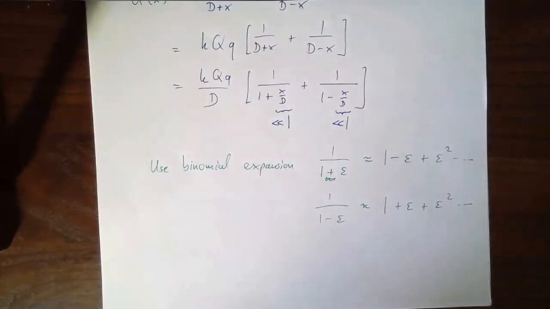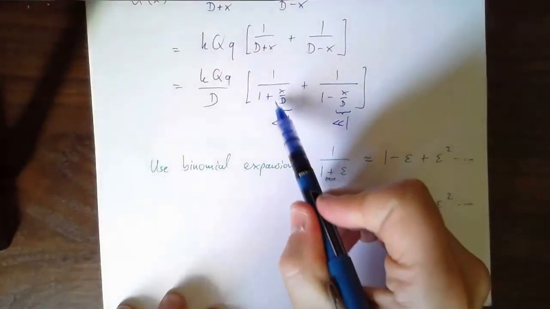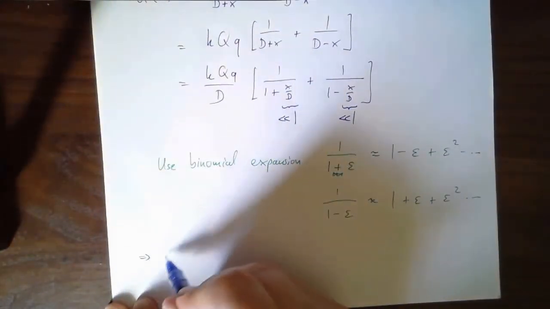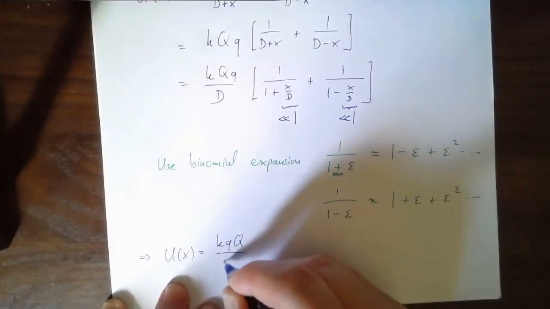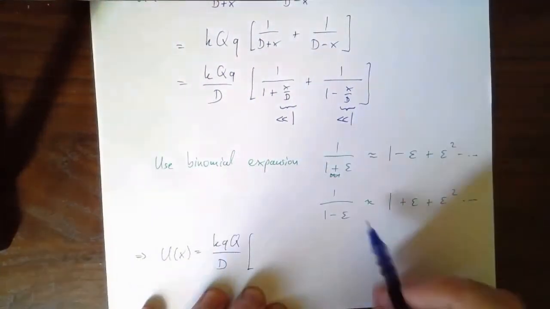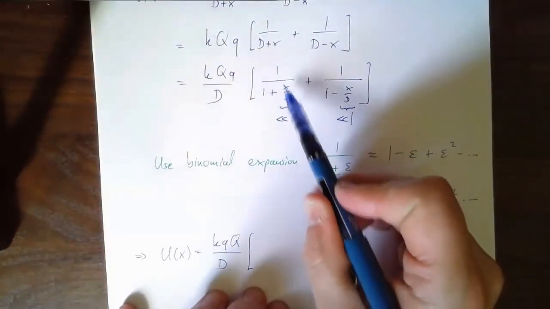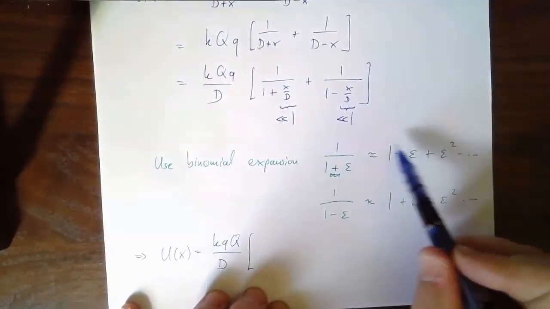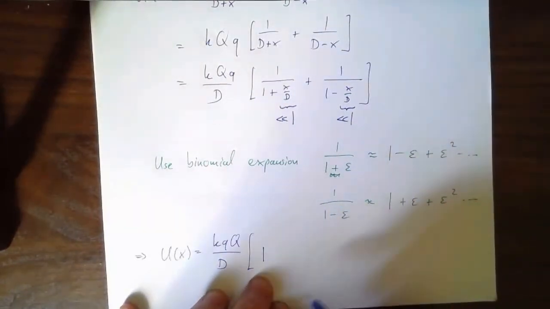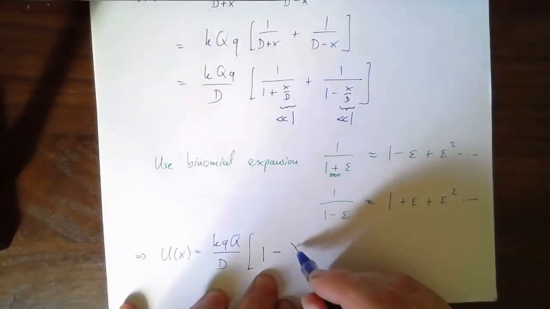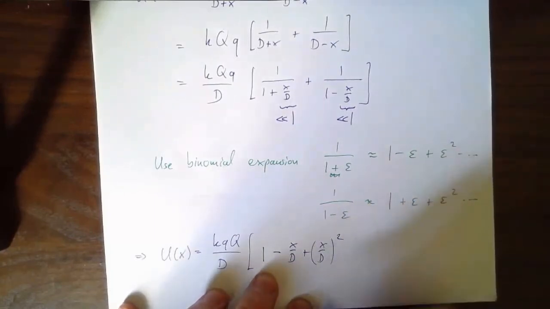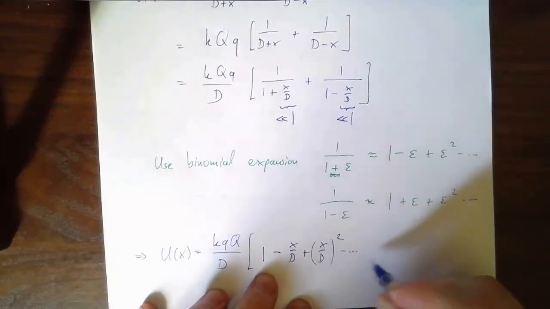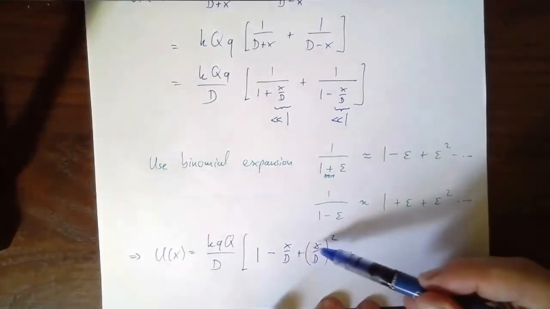So let me plug that in. This is my epsilon here. I'm going to get that U of x is equal to k q q over d times, where I replace 1 over 1 plus x over d using this here. So it's going to be 1 minus x over d plus (x over d) squared, and some more terms that are going to be smaller, because this is already a lot smaller than this.